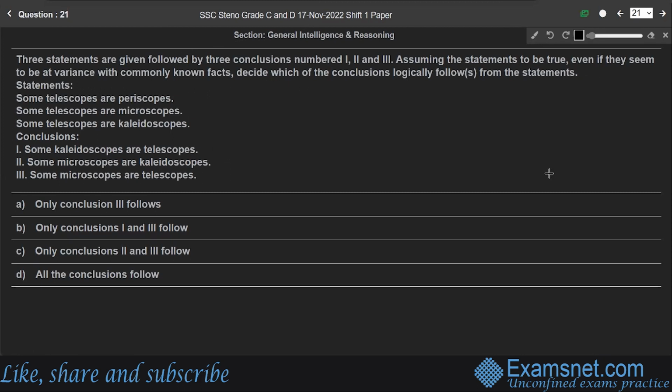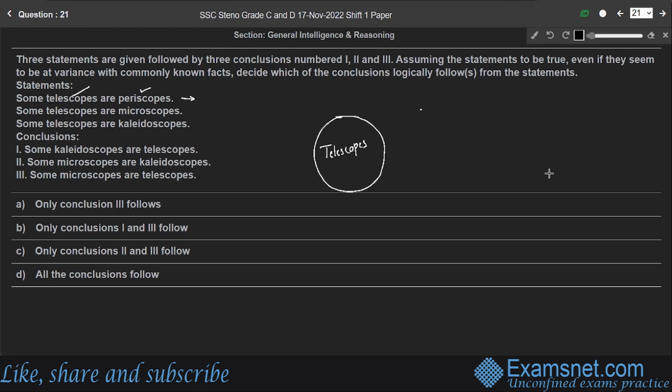So here first statement is some telescopes are periscopes. So let us consider two sets, right? Set of telescopes, and set of periscopes. In that, some telescopes are periscopes.